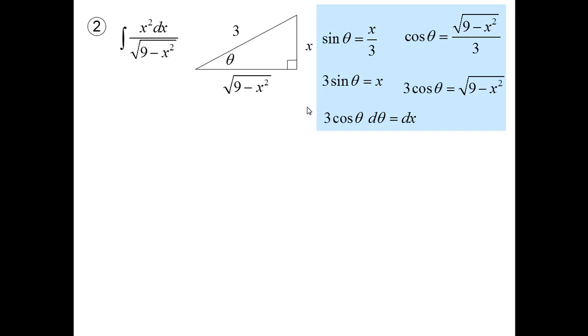Now if we go through and make some substitutions, the x squared turns into 9 sine squared theta. The dx turns into 3 cosine theta d theta. And the radical is just 3 cosine theta. And if we're lucky and we've done this right, we should have something we can integrate once we simplify it.